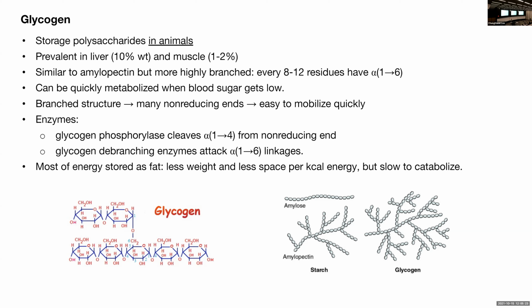So it serves more as a temporary storage method, as opposed to fat, which is pretty constant, pretty stable. And it is the most efficient form to save energy because it takes up less weight and less space per energy, which is measured in kilocalories.